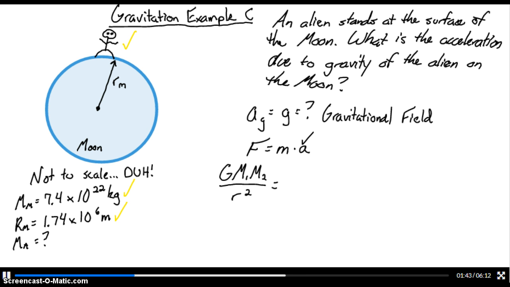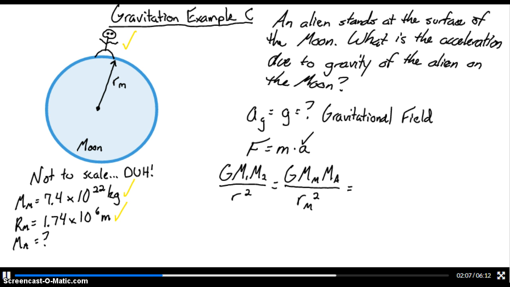Let's go in and actually put values here. That would be big G times the mass of the moon itself, we'll call that Mm, times the mass of the alien, our other object, over the radius of the moon, Rm squared, and that's going to be equal to the mass times the acceleration.